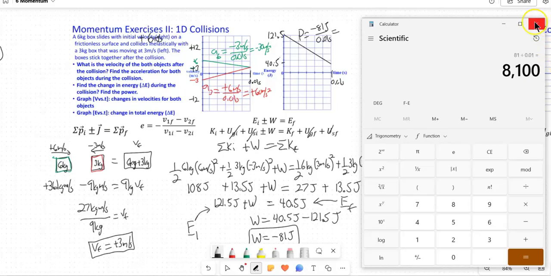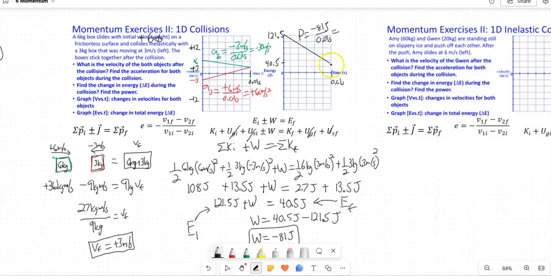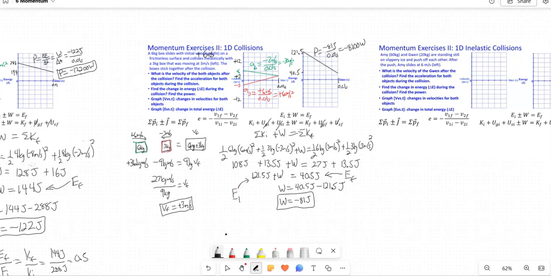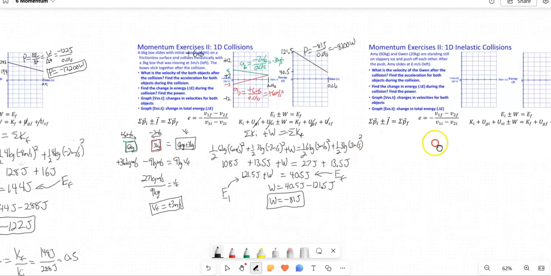Yeah, that's what I thought. So it's going to be a lot of wattage, 8,100 watts. Okay. So that is similar to your third problem on your homework, your tutorials, I should say. Okay, let's move on.